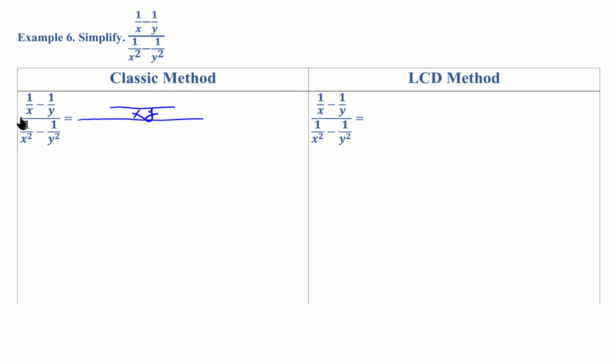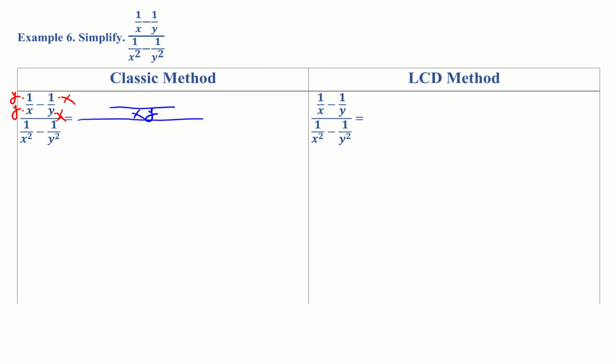So we're going to turn both of these denominators into xy. To turn x into xy, we need to obviously multiply by y, right? So that's what we'll do. And we have to do that immediately on the top as well. To turn y into xy, we're going to multiply by x, right? And immediately the same to the top.